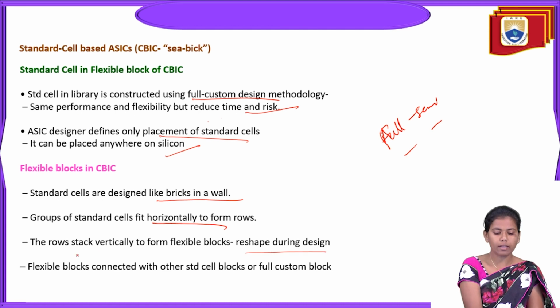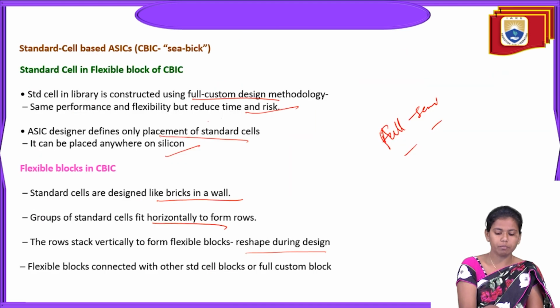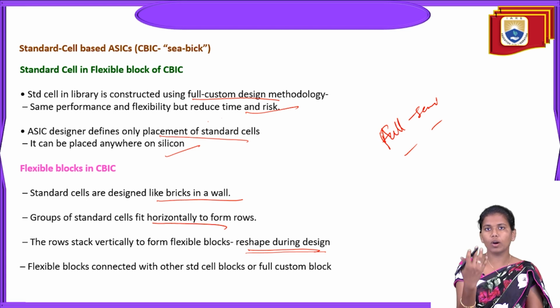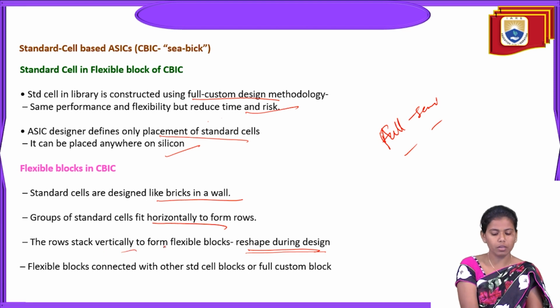So horizontally we are placing the standard cells in the chip, whereas vertically we can reshape the design. While you are designing, we can reshape it when the rows are stacked vertically to form a flexible block.